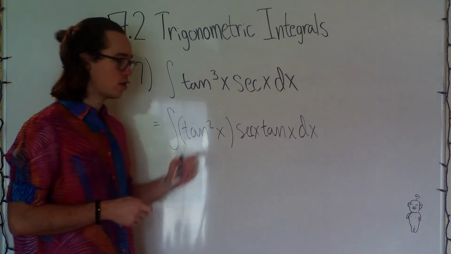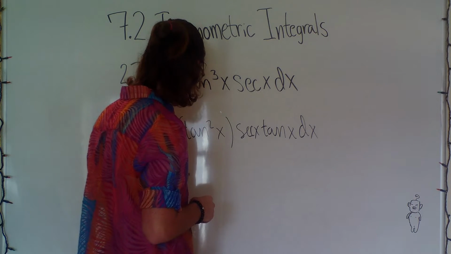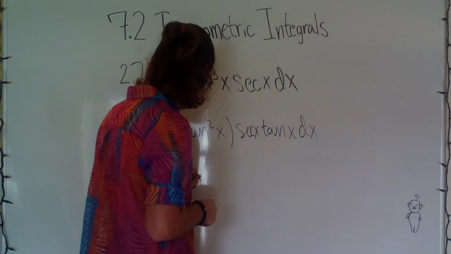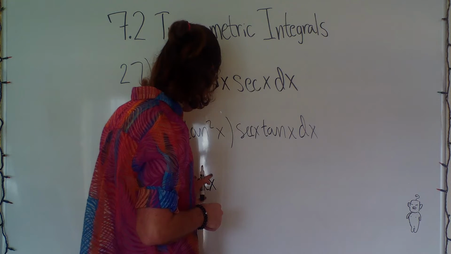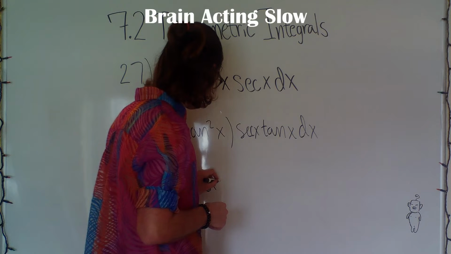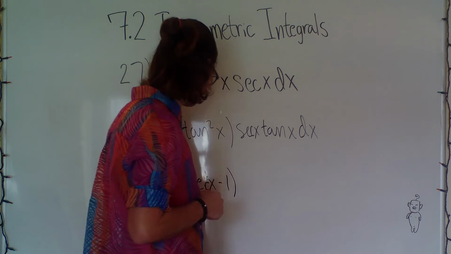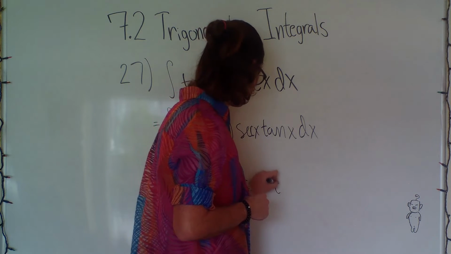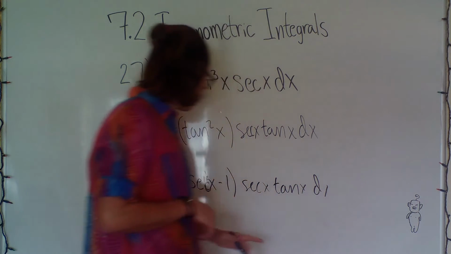So then tangent squared x is just going to be equal to secant squared x minus 1, and then this would be times secant x tan x dx.